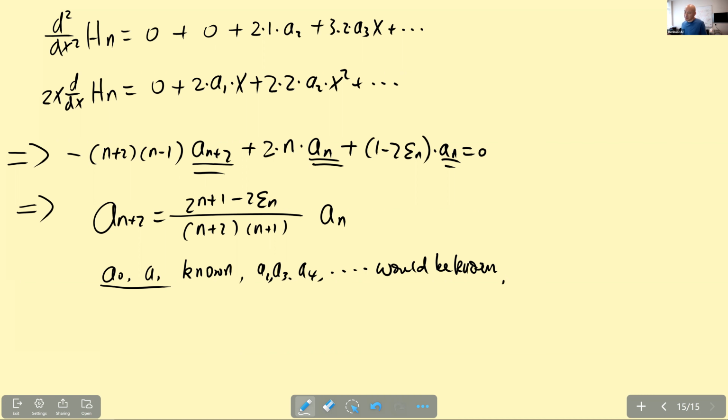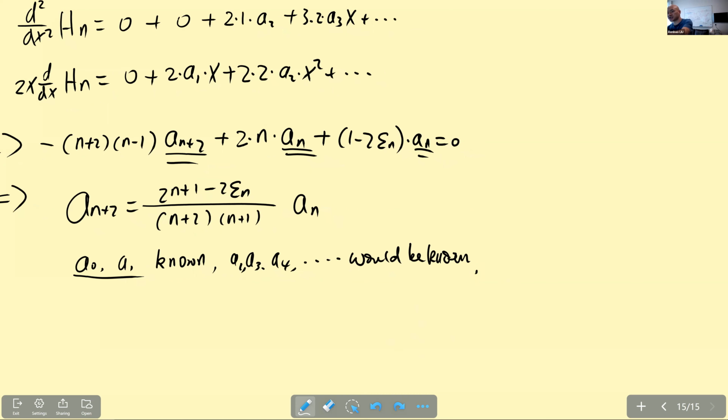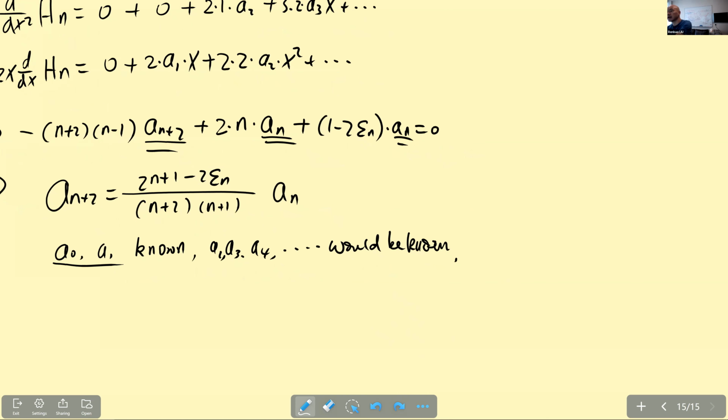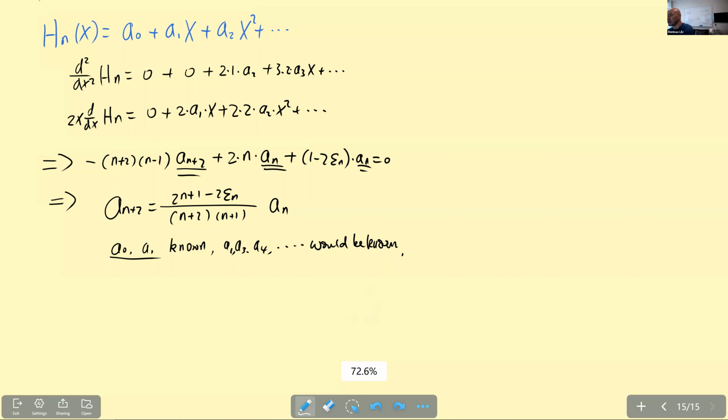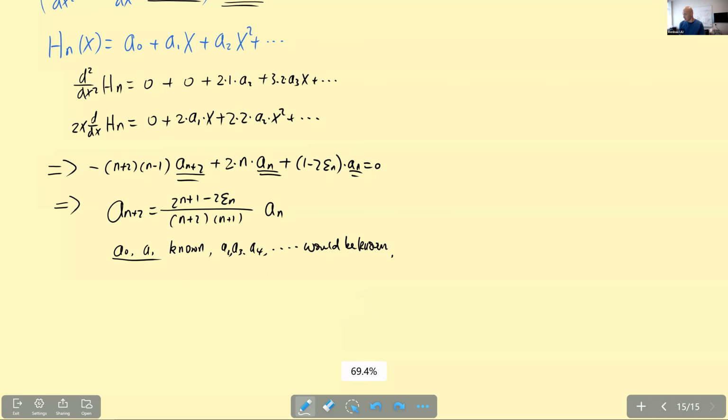But remember, we always have this differential equation that goes to 0 at infinity, so that will give us some constraints. We will determine these coefficients by those boundary conditions.